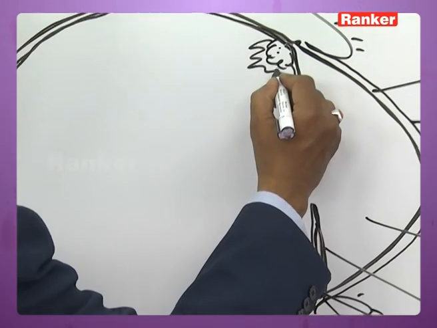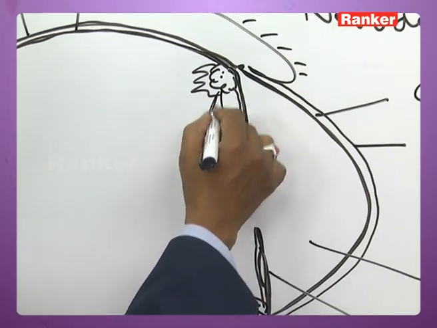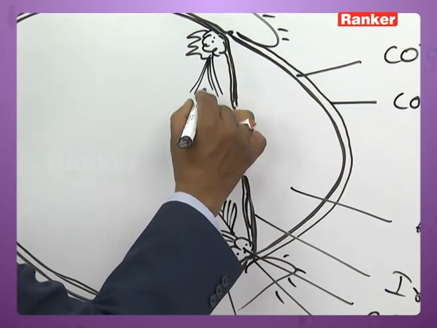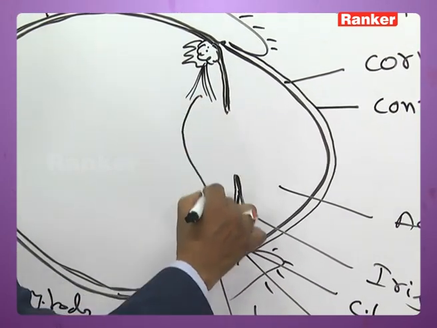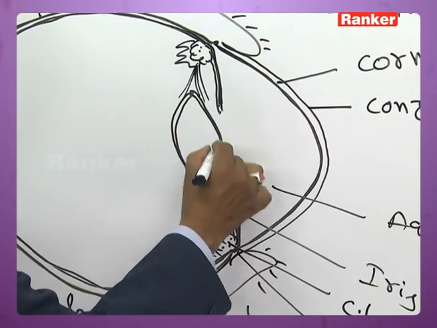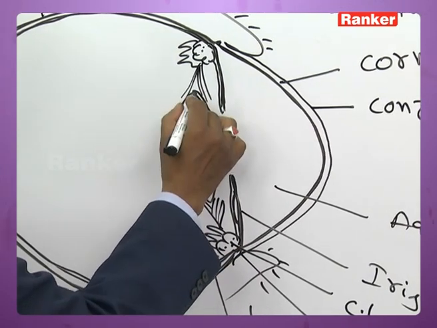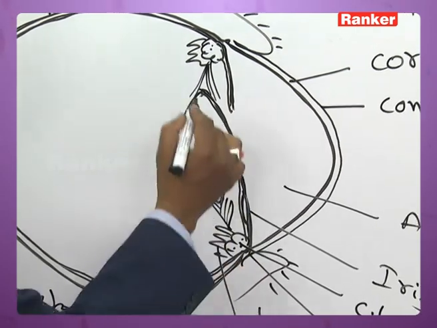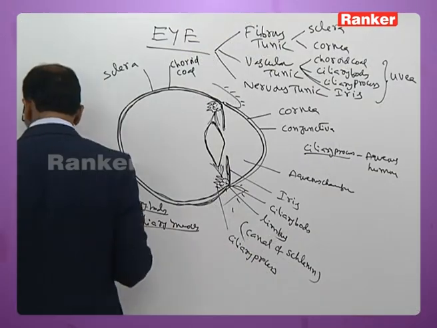Then here the ciliary body in turn gives rise to a suspensory ligament. The suspensory ligament helps in holding the biconvex lens. Like this, lens is held intact by means of suspensory ligament.